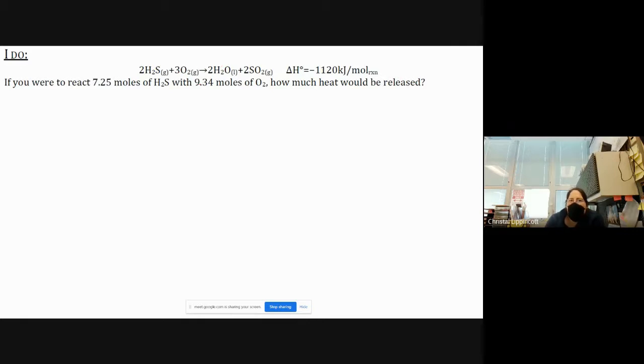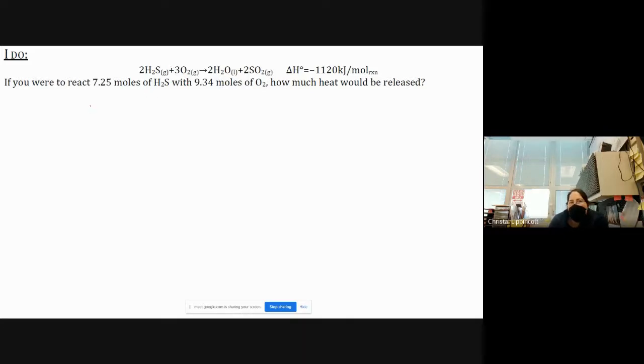If you take 9.3 and divide by 3, doing this mental math, that's going to be a 3. If you take 7.25 and divide by 2, that's going to be 3.5. So your oxygen is going to be your limiting reactant. Does that make sense, how I did the quick mental math where I didn't need an actual calculator?